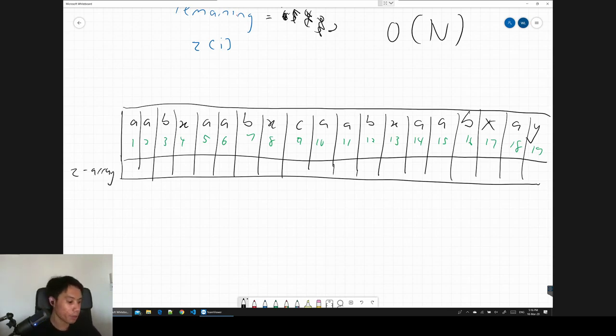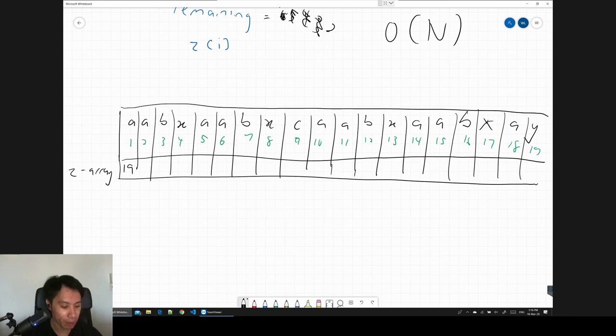So let us begin the process. I'm going to go a little bit faster now, since I'm going to assume I have understood case 1 and case 2A. First position 19. Second one, compare A and A is the same, A and B is not the same, it will be 1. So now I will have a Z box here. But my I is outside my Z box, it will be 0. Here will be 3, no, it's not 3.